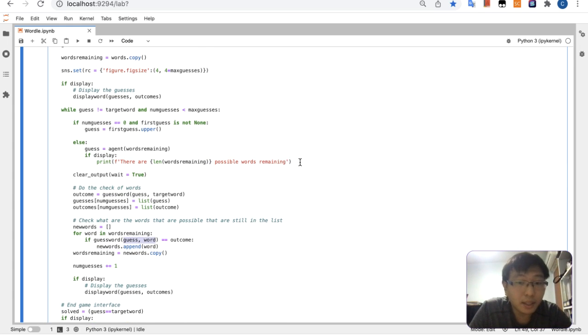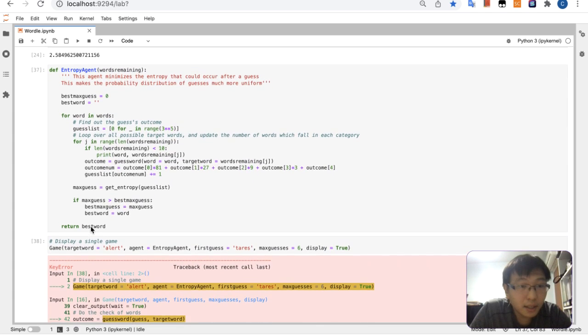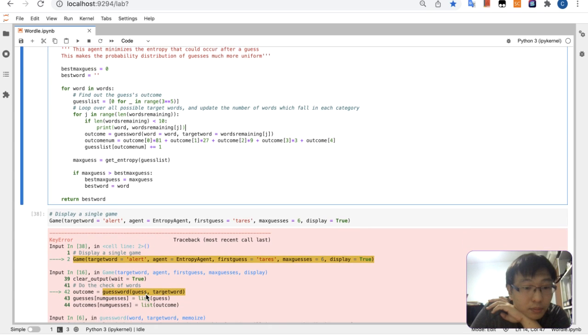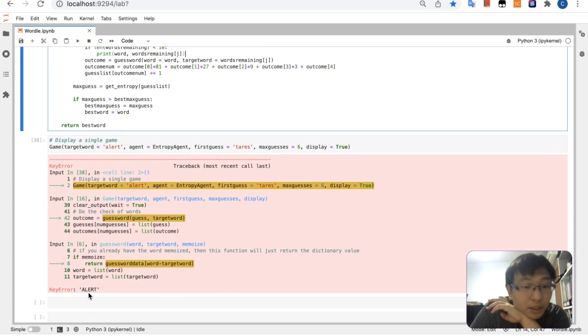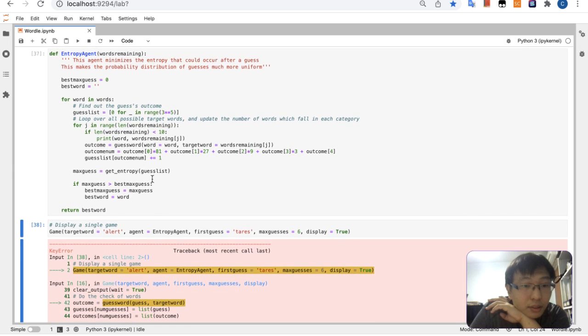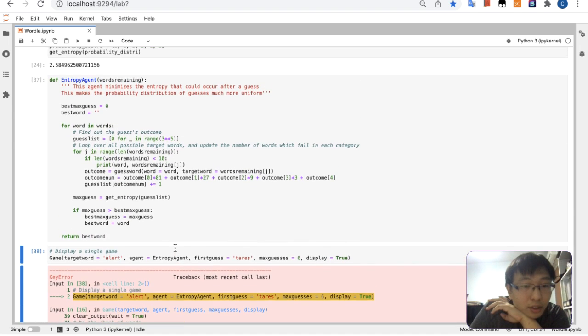Maybe what I can do is print out words remaining. If we just look at this, you can see that the keyword is alerts, which means that either the word or the target word is not there.